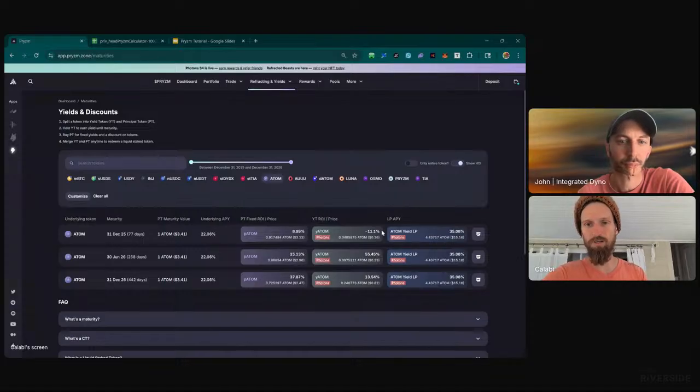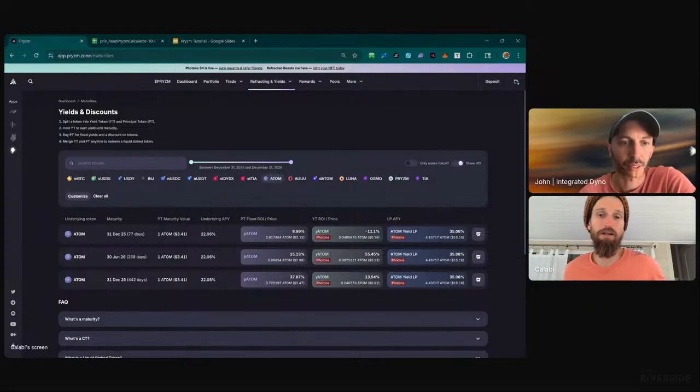You could see your return. You'd be losing 11%. Now, granted, this could change if the APY went up, which I wouldn't expect it would. I would think that it would be trending downward. So that's why I personally wouldn't buy Y atom at this moment in time. I would refract into it, or if I had bought it lower, I'd be selling it possibly.